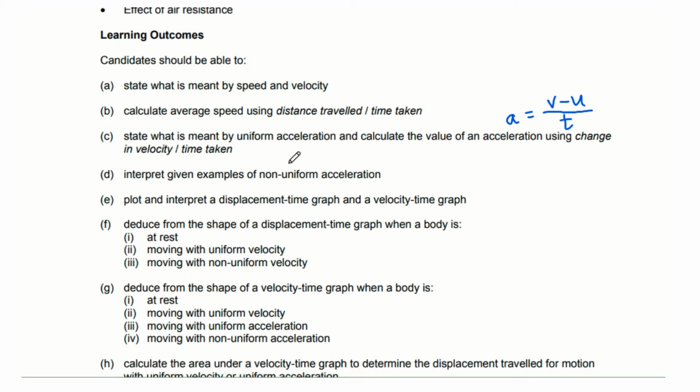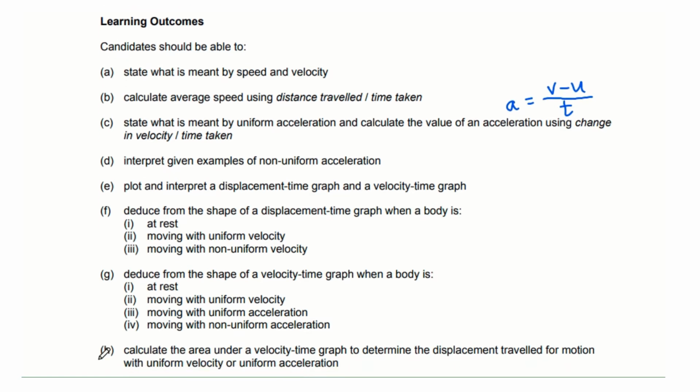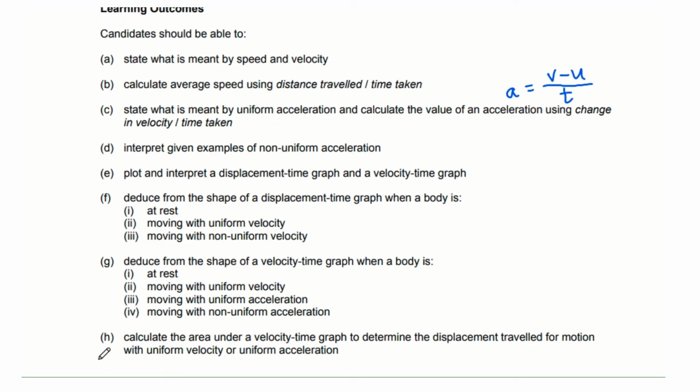Then part E, you'll need to plot and interpret displacement-time graphs and velocity-time graphs. Basically, if I look at part D all the way to part H, it is about being able to interpret the displacement-time graph as well as the velocity-time graph.